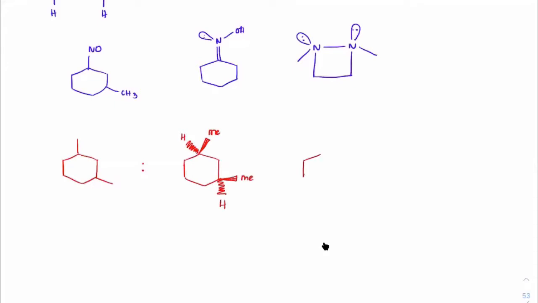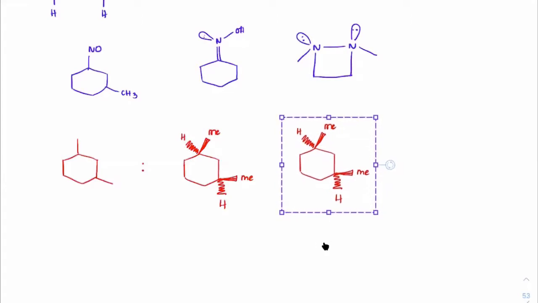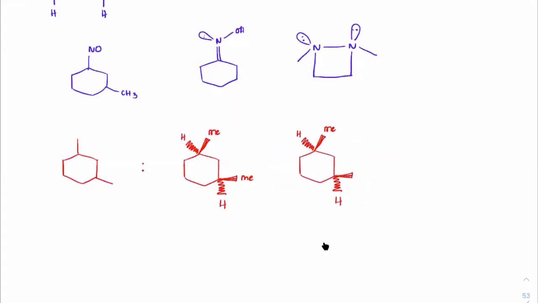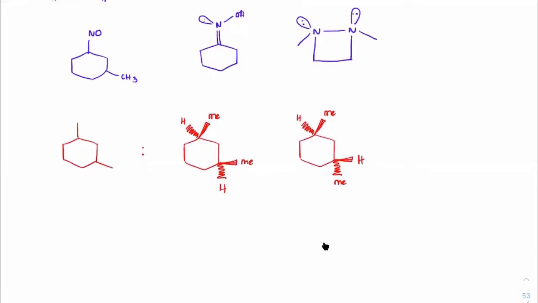Now I can interchange both of them to get isomers. So here I can interchange this hydrogen and methyl, so I'll get methyl here, hydrogen here. So you can see methyls are on the same side, coming out of the plane. So this is a cis kind, and the other, where they are opposite to each other, is a trans kind. So when you are able to write this form, it means this molecule can show cis and trans isomers.